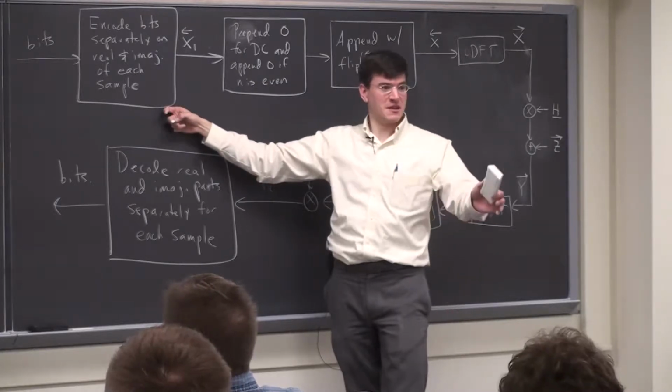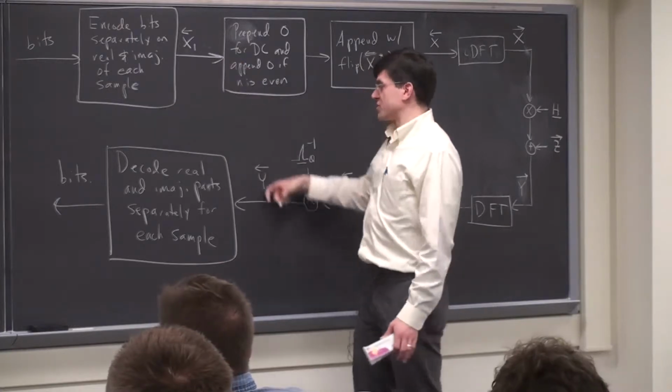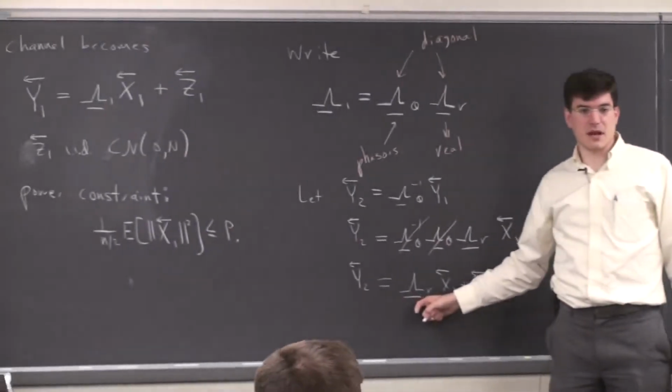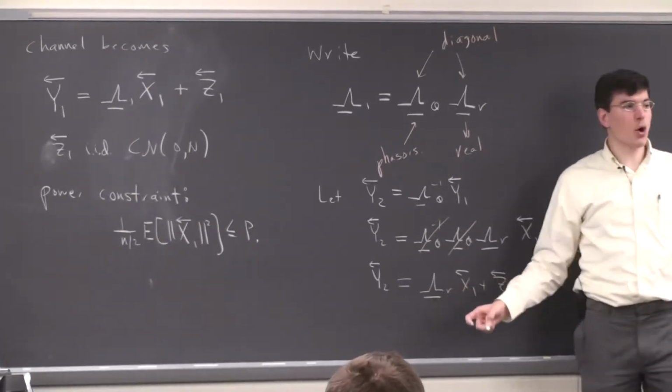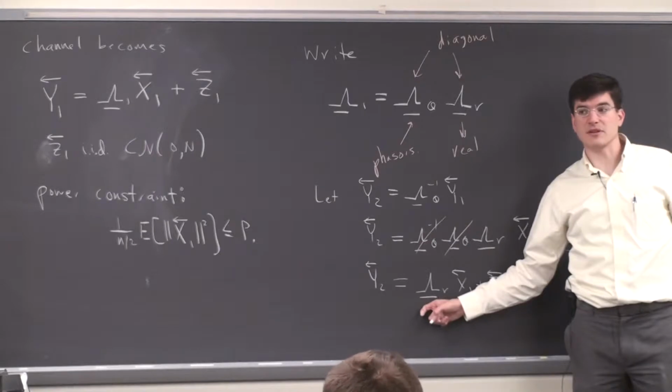You need the diagonal matrix. So the channel will be diagonal when we get to here. But the question is, does the encoder side need to know the values in this diagonal matrix? And why?